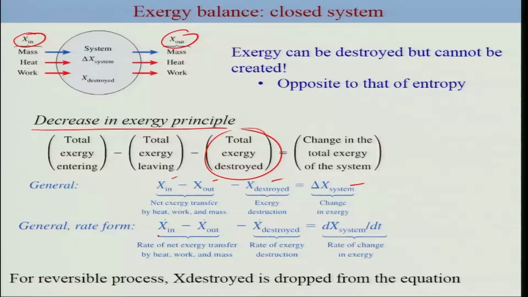So, this term would be the rate of net exergy transfer by heat, work and mass, minus X destroyed, the rate of exergy destruction, and that will be the rate of change in exergy of the system, okay. Now, it should be obvious that for a reversible process, as we discussed, X destroyed is 0, and hence it should be dropped from the equation.